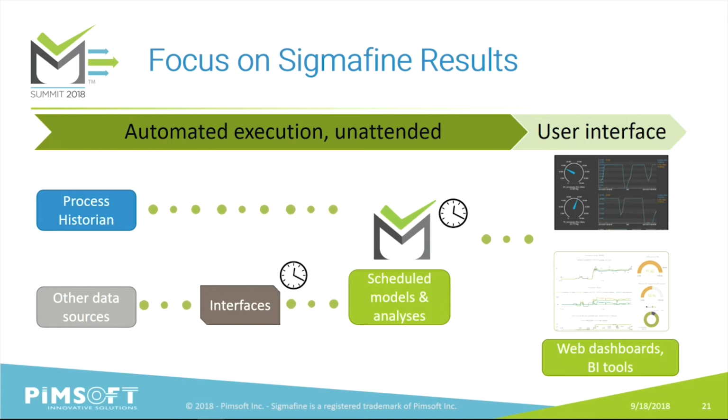We schedule the models, right, to run at a certain frequency, and then the result is something that the user just sees. They don't need to operate the model. They are just looking at the data in, data out, and then you can create any nice web dashboards and BI displays, etc.